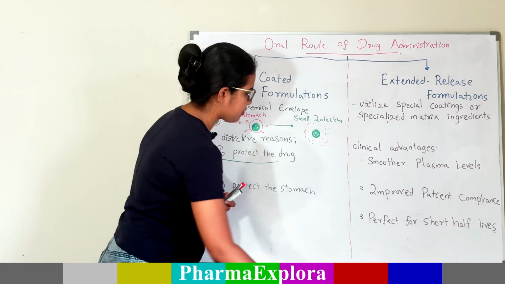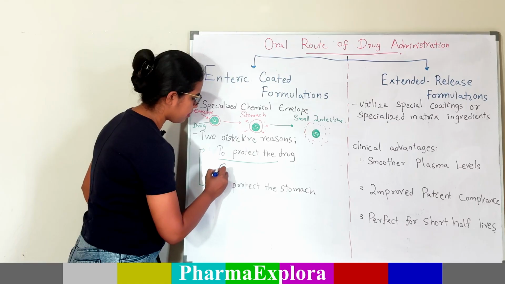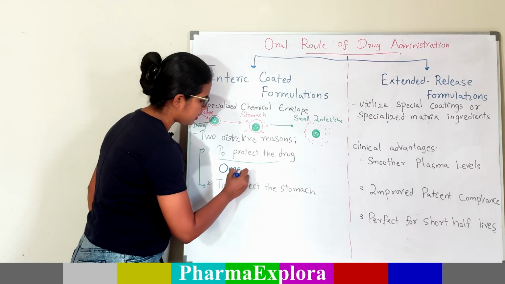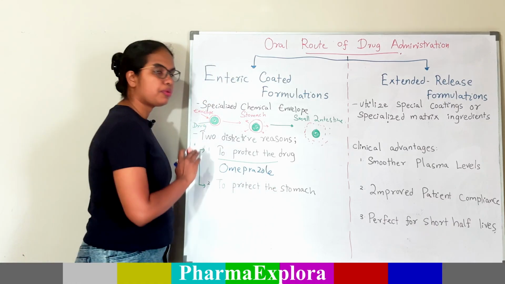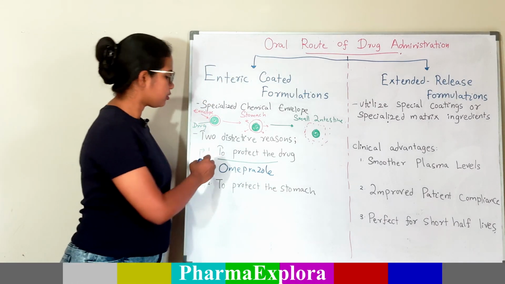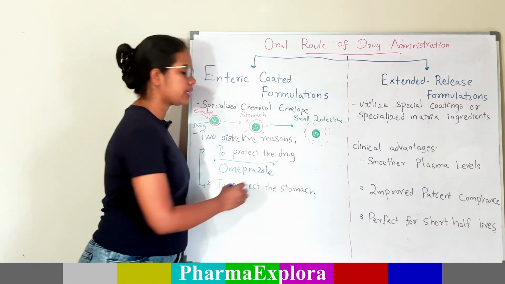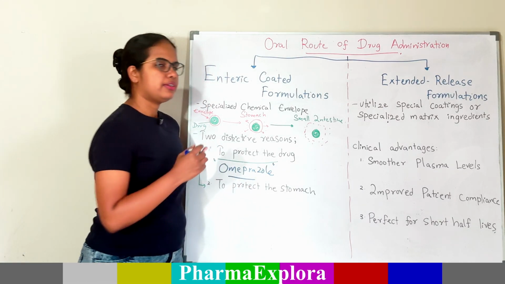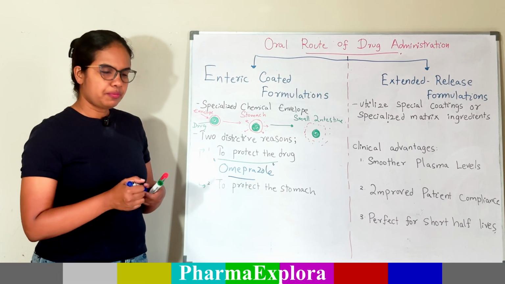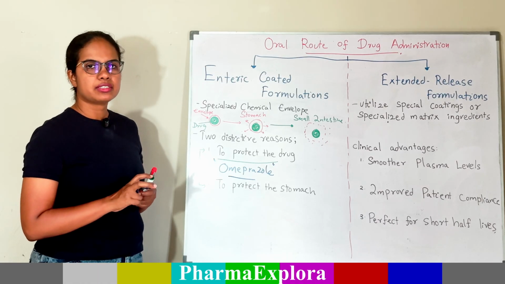One good example is the very common omeprazole, a proton pump inhibitor. It belongs to the pharmacological category of proton pump inhibitors. This drug cannot withstand the acidic environment of the stomach.